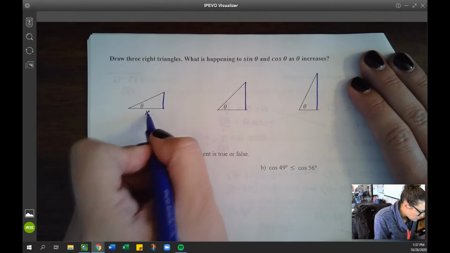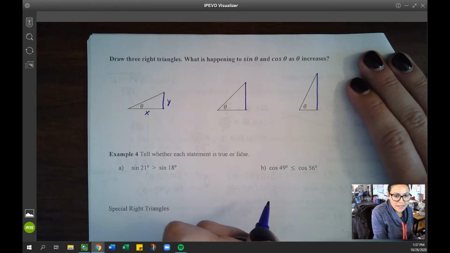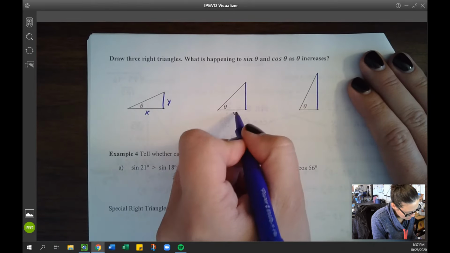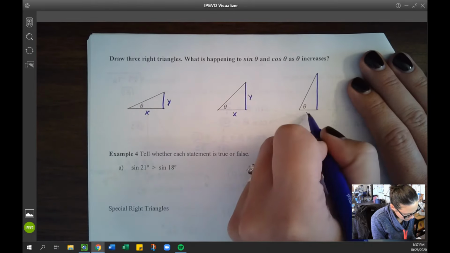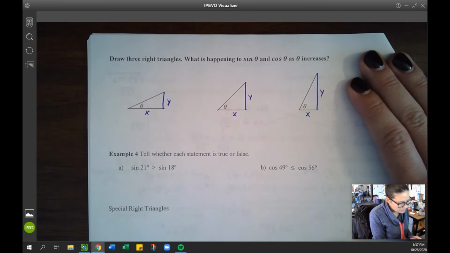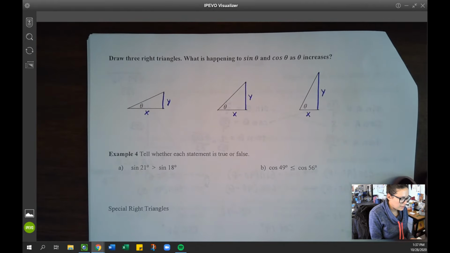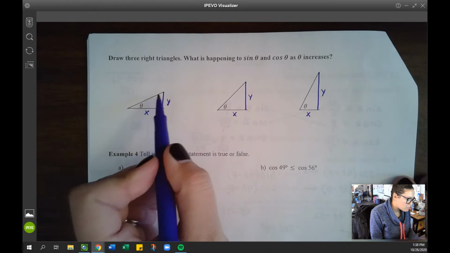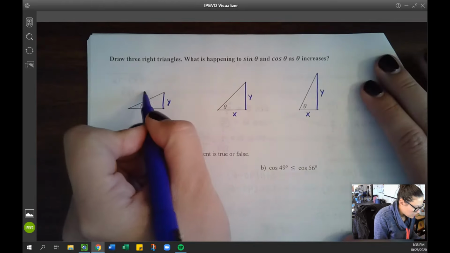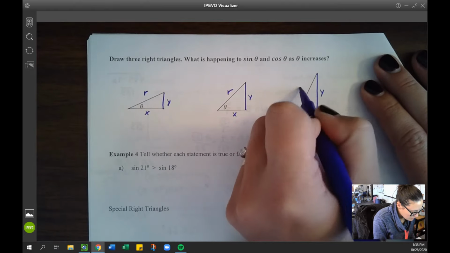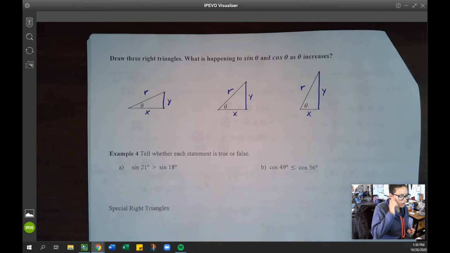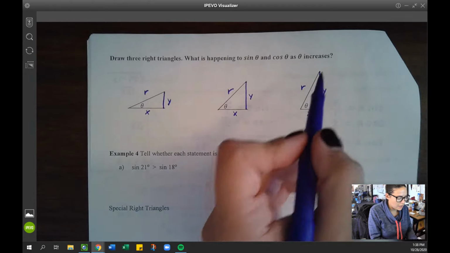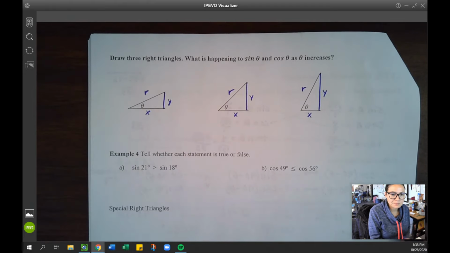So these are my x and y distances. And it might be hard to tell, but I made it so that the r value is constant on all three triangles. The hypotenuse is the same every single time.